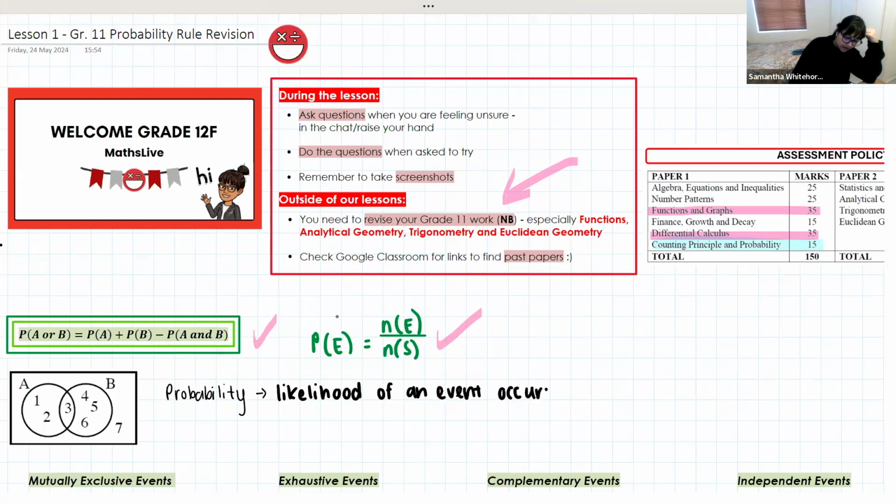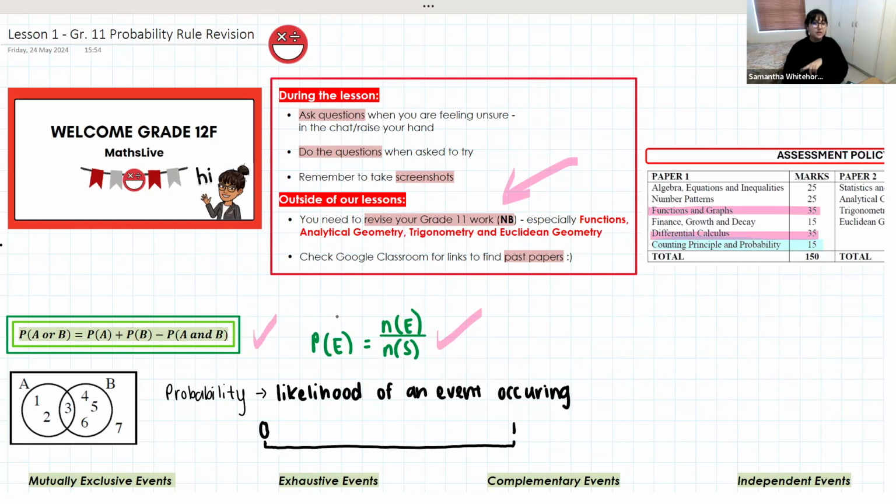Now, what I want you guys to remember is that probability is a scale, essentially, or can be placed on a scale. So what I mean by that is we get the probability or the likelihood of 0 all the way up to the likelihood of 1. What you need to remember is that you should never get a probability value that is less than 0, so negative, or greater than 1.